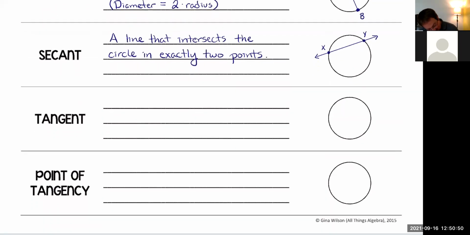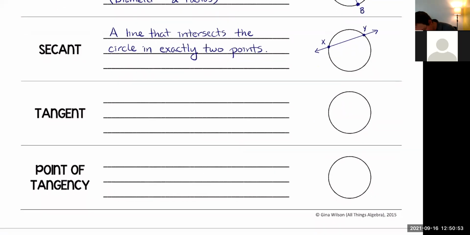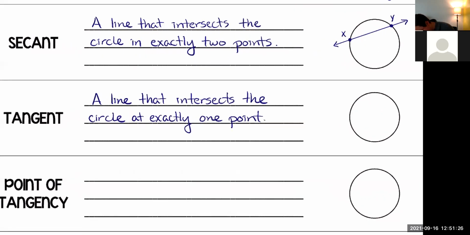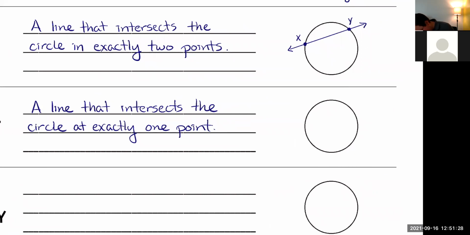Next on our list we have a tangent. A tangent is a line that intersects the circle at exactly one point. This one's a little bit harder to get to work here, but let me see if I can do it.